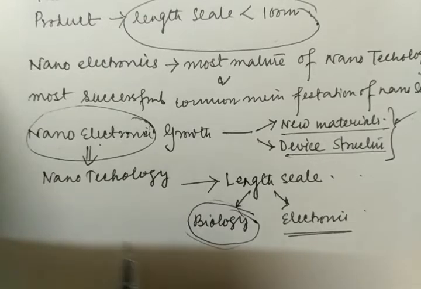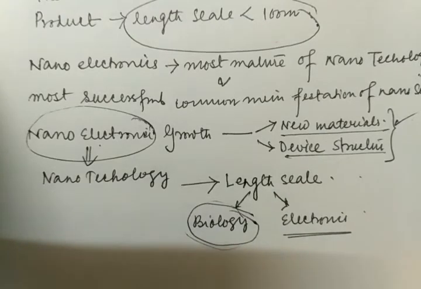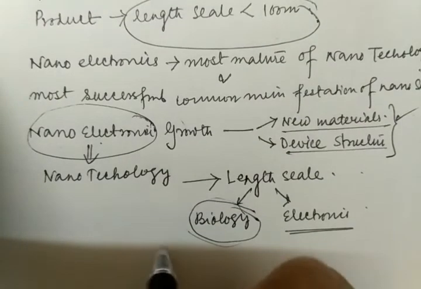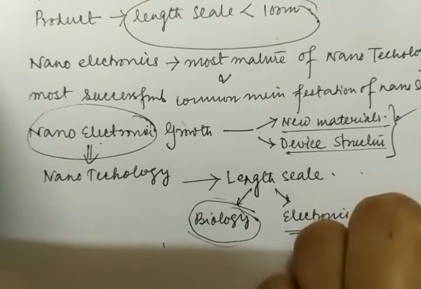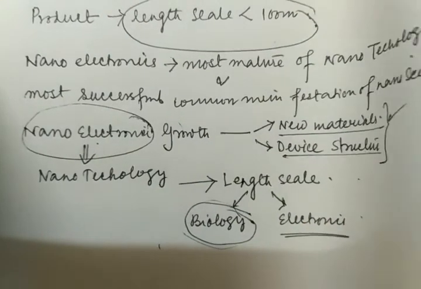The building block of our life is the carbon atom. We all know that from our physics and chemistry in 11th and 12th standard, we have already studied that the building block of life is the carbon atom. Now my question is, what is the building block of electronics? What will be the answer?